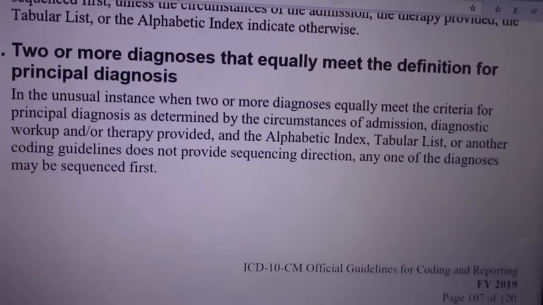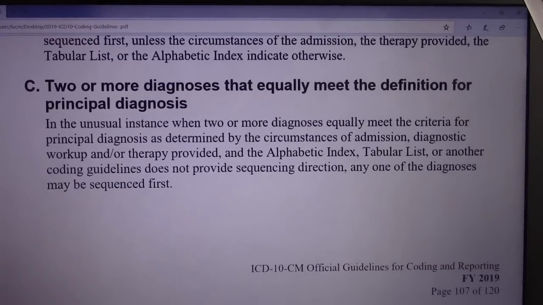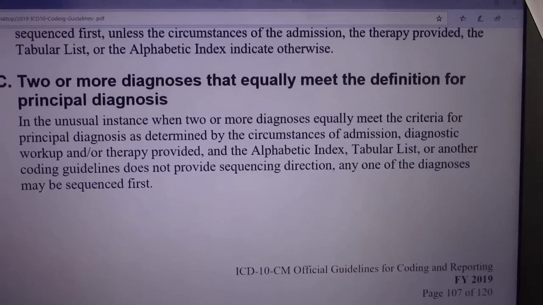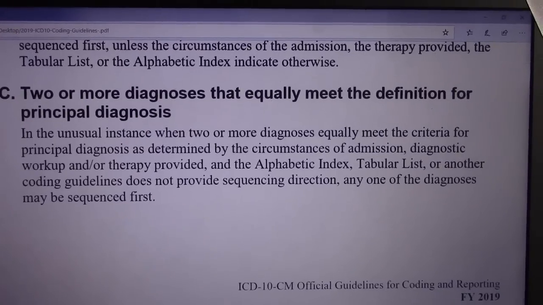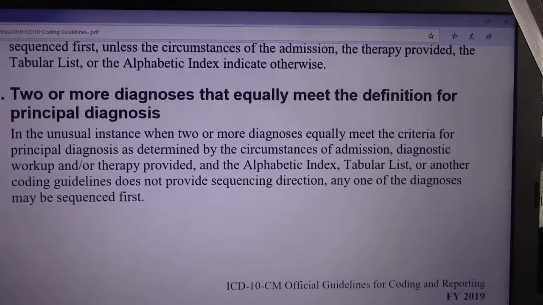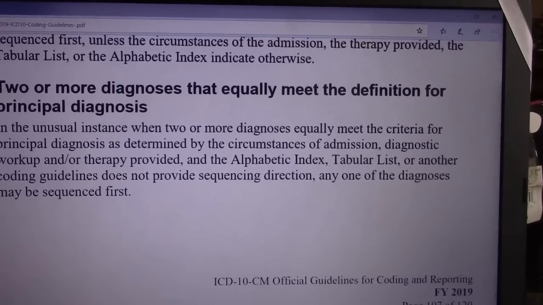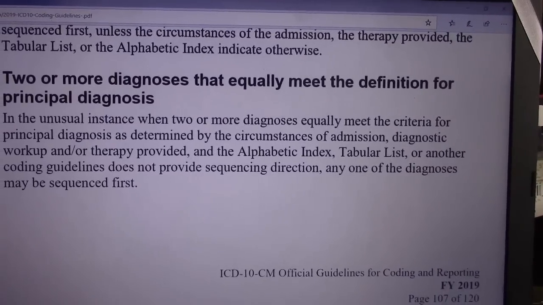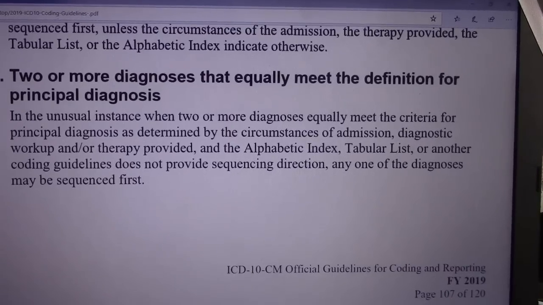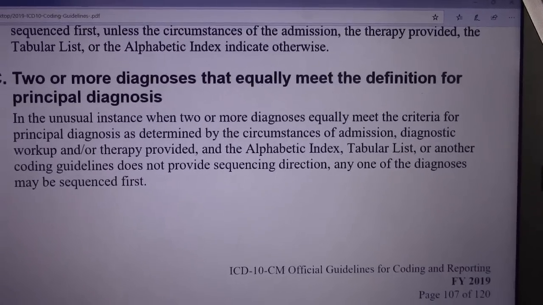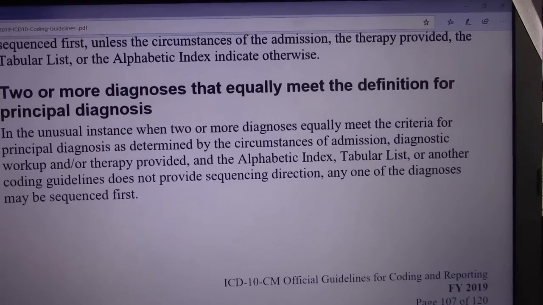What about C? When you have two or more diagnoses that equally meet the definition of principal diagnosis. In the unusual instance when two or more diagnoses equally meet the criteria for principal diagnosis as determined by the circumstances of admission, diagnostic workup, and/or therapy provided, and the alphabetic index, tabular list, or other coding guidelines do not provide sequencing direction, any one of the diagnoses may be sequenced first.